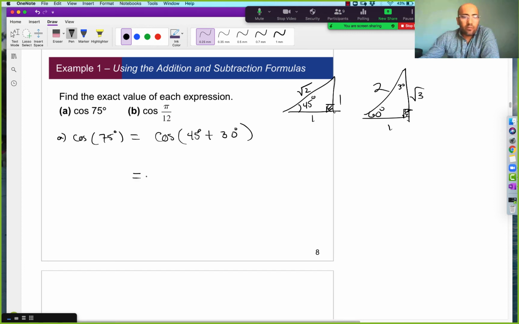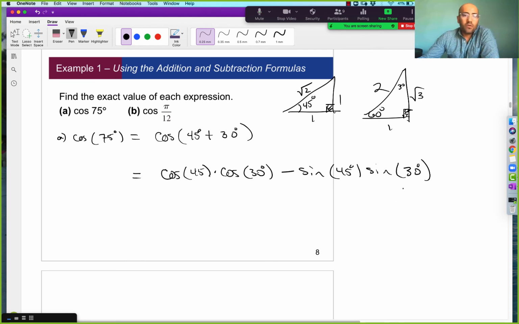And now we know that cosine of a plus b is equal to cosine of a times cosine of b minus sine of a sine of b. Good. Right?